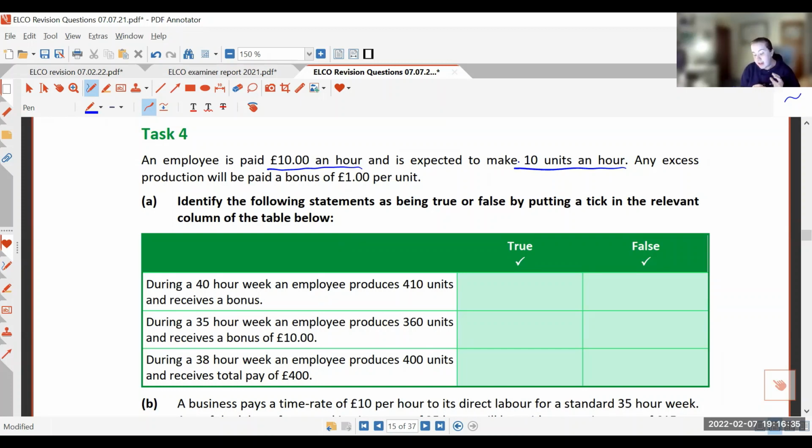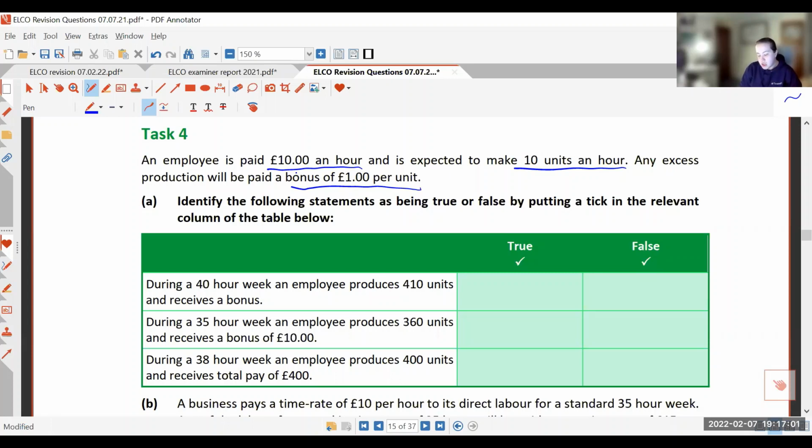If they manage to go over that 10 units an hour, they will get a very nice bonus of £1 per unit. So we're going to have to factor all of these things in and decide whether the employee is being paid correctly or not in these three different scenarios.